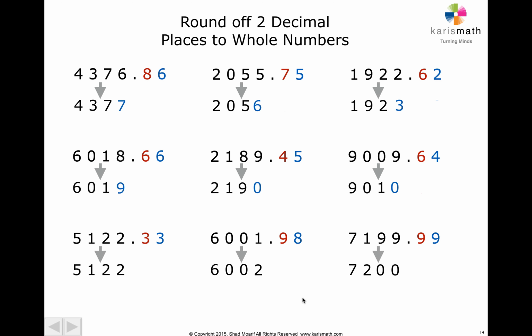It's not very complicated. You just have to remember that rounding off is basically approximating it to the next larger unit. The next larger unit, or the next larger tens, or the next larger tenths.